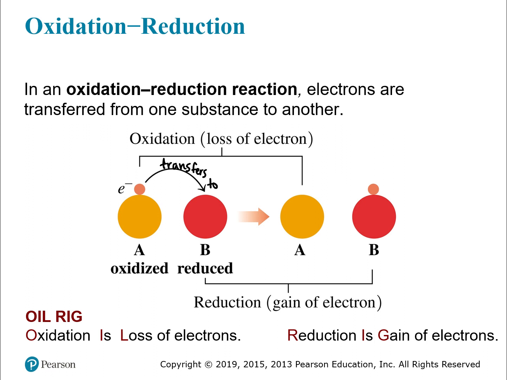Reduction is the gain of electrons. A, however, just gave up its electron. It lost it. Oxidation is the loss of electrons.